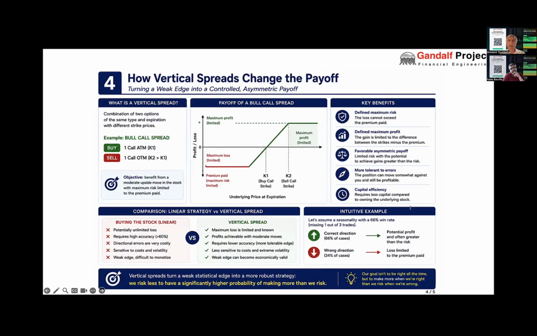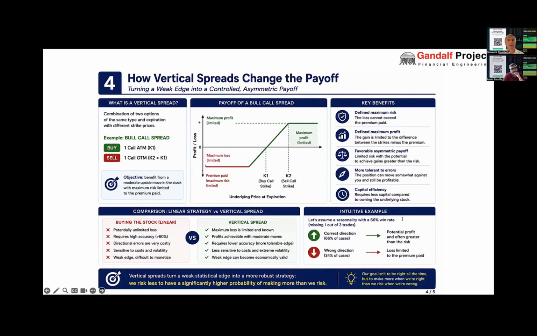First, capital requirements are lower than buying the stock outright. The payoff becomes asymmetric, so we can potentially make more than we risk. So the risk-reward ratio would be quite different from buying the stocks directly. And most importantly, the strategy becomes more tolerant to forecasting errors.